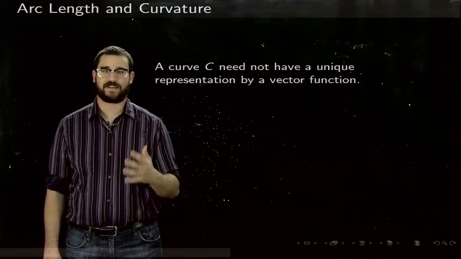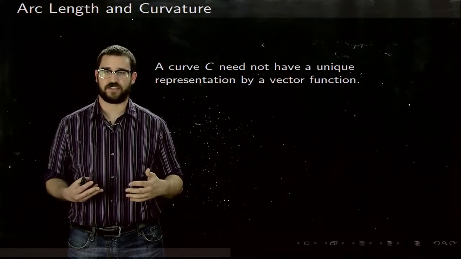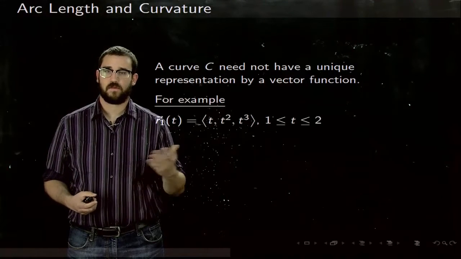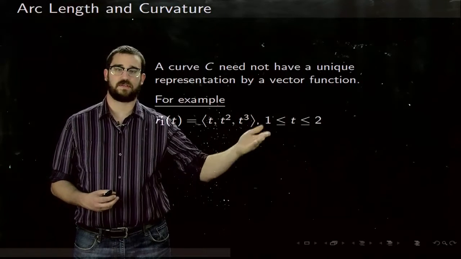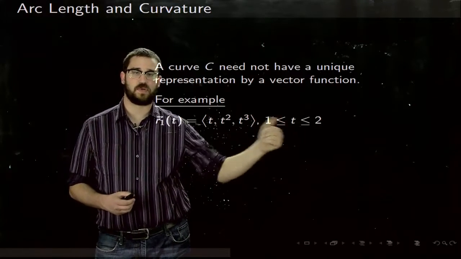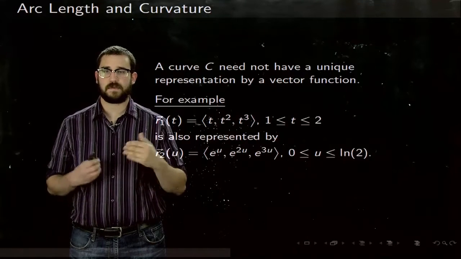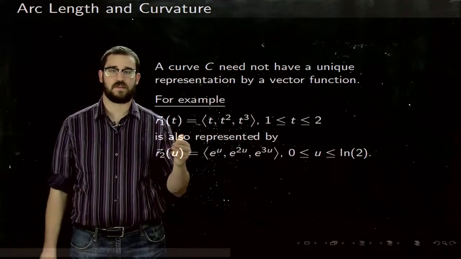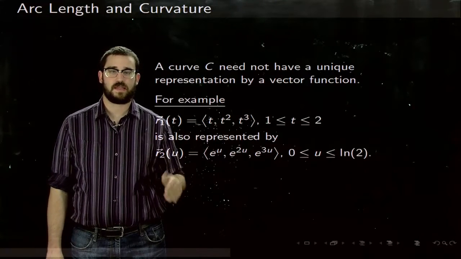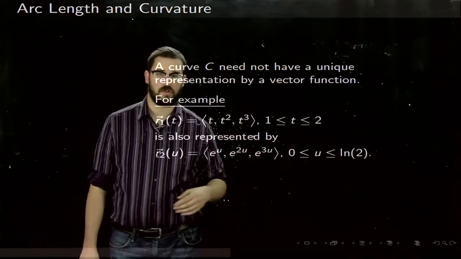Now, a fun fact is that a curve C does not have a unique representation by a vector function. For example, if we have r1 of t equals t squared, t cubed, and t is between 1 and 2, we could also say this is going to be the same when r2 of u is equal to e to the u, e to the 2u, e to the 3u, where u is between 0 and natural log of 2.